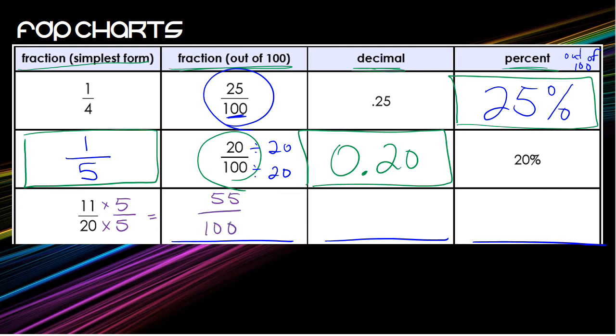And when we go ahead and read our fraction out, the next easy step is we can write that as a decimal. So 55 hundredths, 0 and 55 hundredths. In the percent, a percent means out of 100. Since we have our fraction 55 hundredths, our percent is 55%.